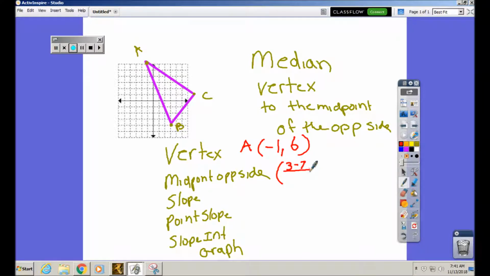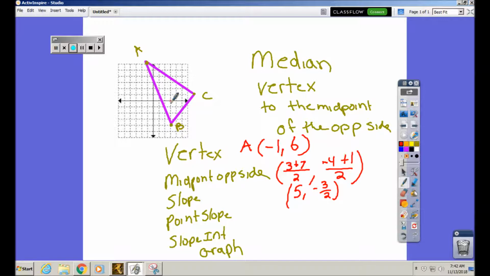The x value of C is 7. I add those and divide by 2. And then for the y values, -4 plus 1 divided by 2. So the midpoint of the opposite side, 3 plus 7 is 10, divided by 2 is 5. -4 plus 1 is -3, divided by 2 is -3/2.